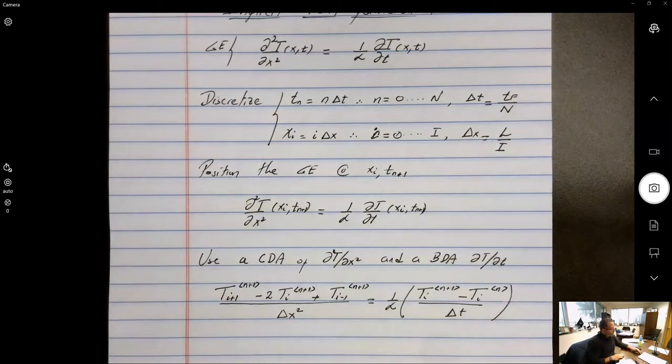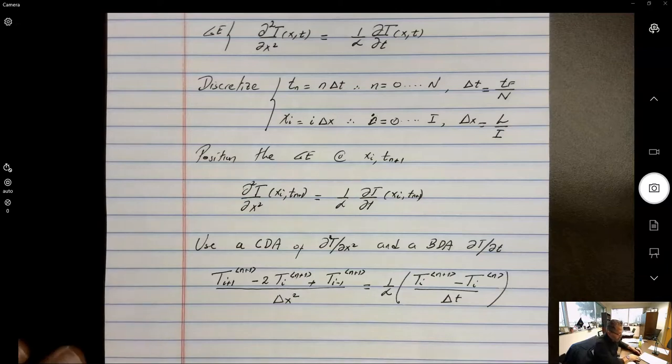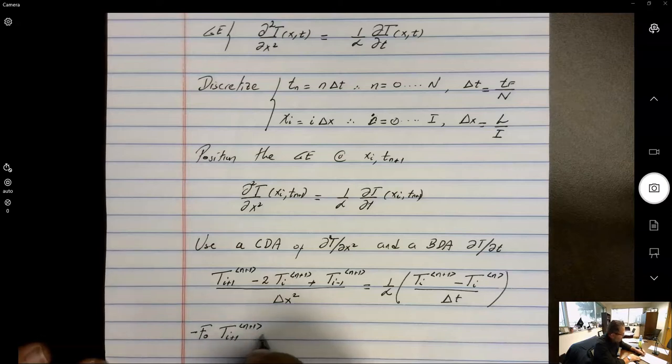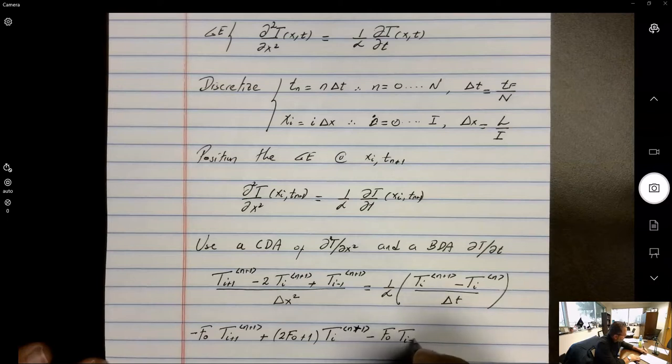So, as you can see, we cannot solve for T_i at n plus 1 as a function of everything on the right-hand side that we know at the previous time level. So what's going to end up happening is that on the left-hand side, we're going to have minus the Fourier number times T_(i+1) at n plus 1, plus 2 Fourier number plus 1 times T_i at n plus 1, minus the Fourier number times T_(i-1) at n plus 1.